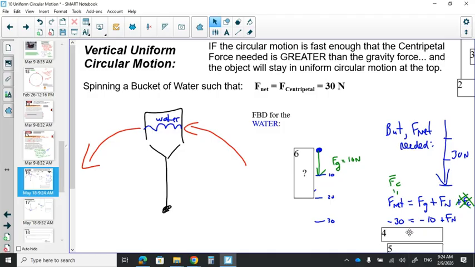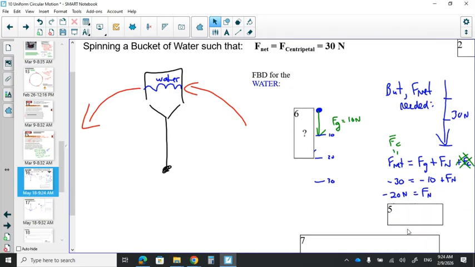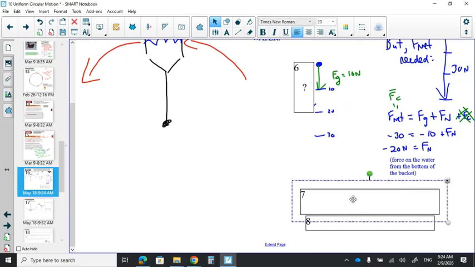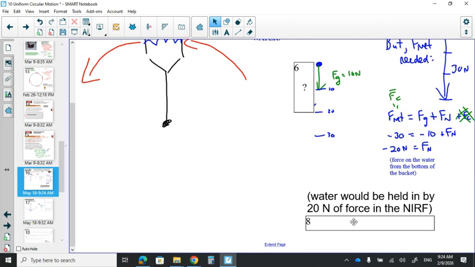In this scenario, there's going to be a normal force from the bottom of the bucket pressing down on the water. So the bucket itself is essentially accelerating downward faster than the water wants to accelerate down, and so the water stays in the bucket. That's the best way to put it. Essentially it's held in by that 20 newton force.